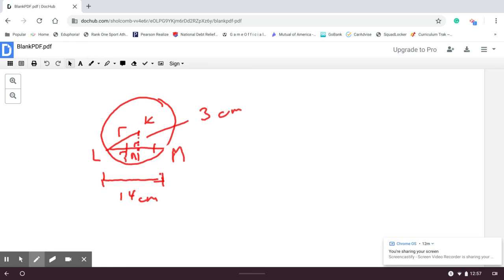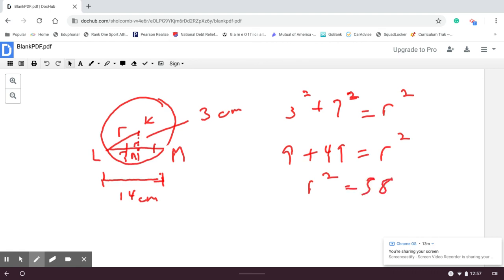So now all we've got to do is the Pythagorean theorem. 3 squared plus 7 squared equals my R squared. Okay, so 9 plus 49 equals R squared. R squared equals 58.